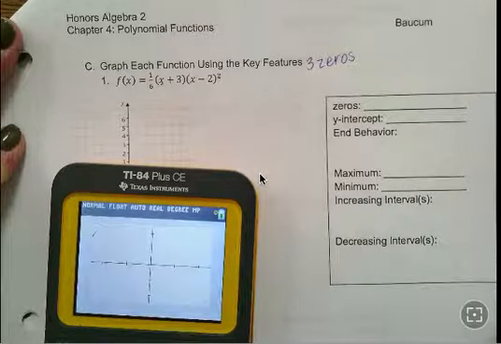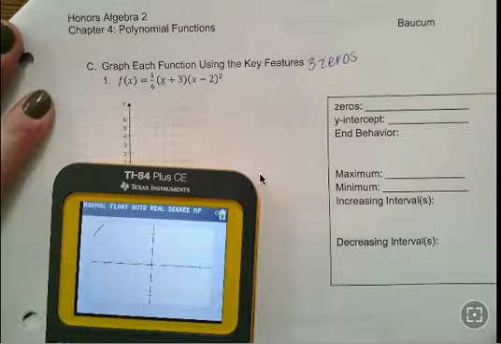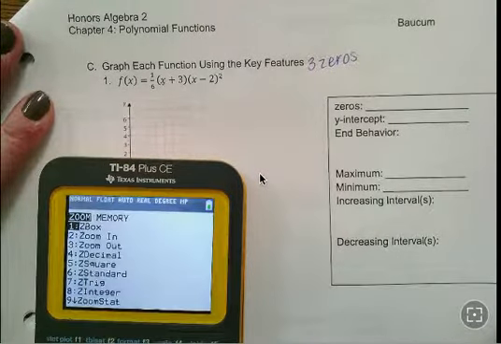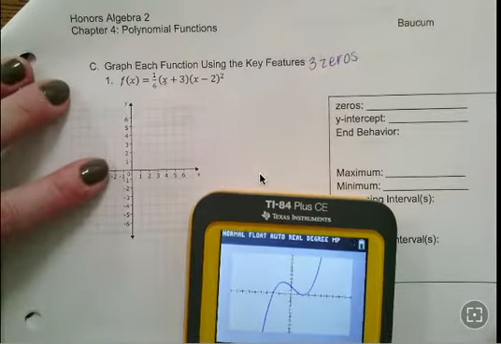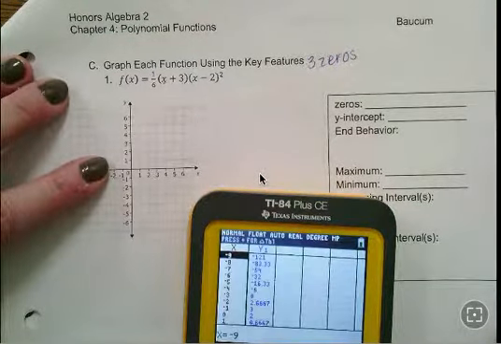And then we go to our graph, and my calculator is still set on the setting it was last time. So I'm going to go back to Zoom 6 here. All right. And that's what my polynomial function is going to look like. So now I'm going to graph it on here. So I go to my table. All right.